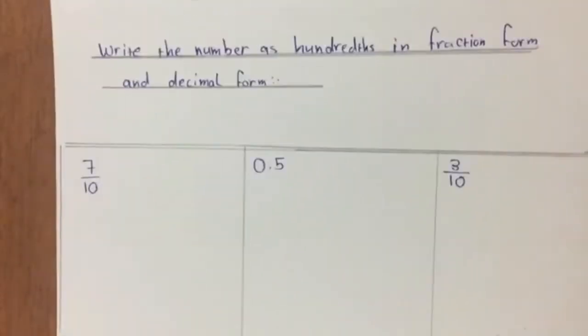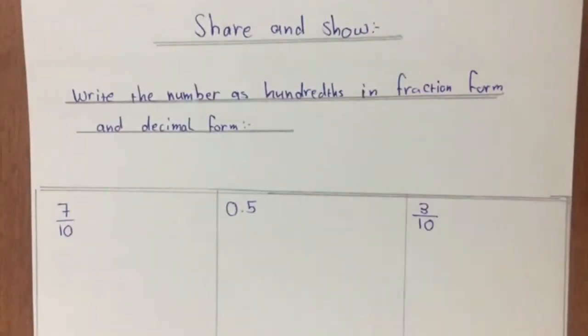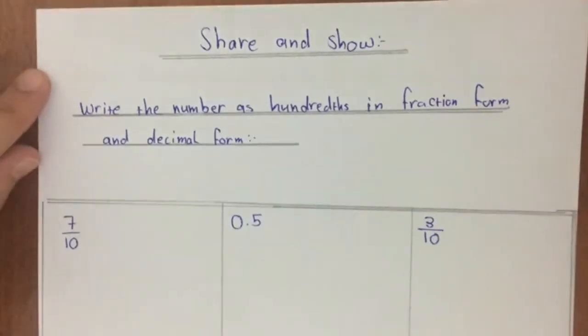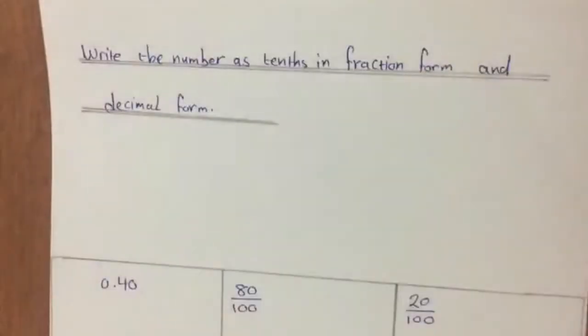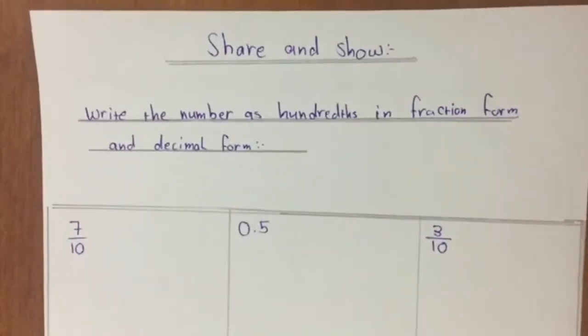You can open your volume 2, page 353. Share and show, let's do some questions together. Share and show, volume 2, page 353. I have these two questions, we will do them together.